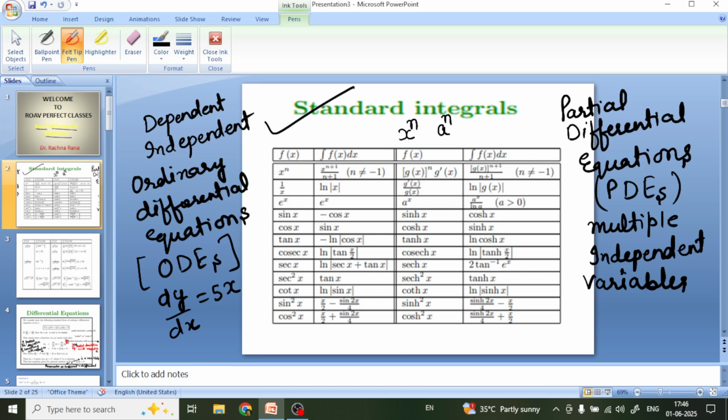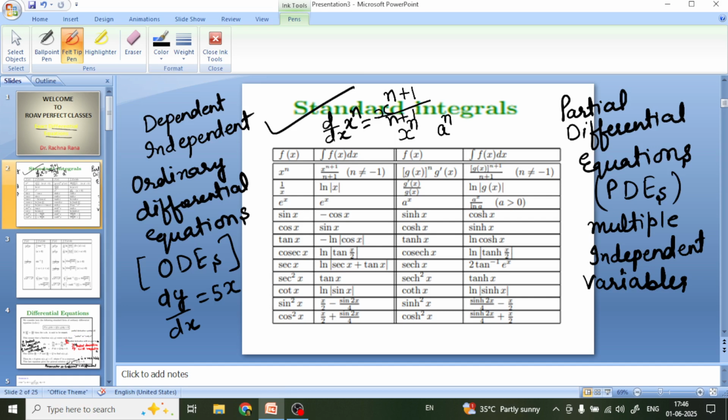The integral of x raised to power n is x raised to power n plus 1 over n plus 1, meaning the new power is also written in the denominator.